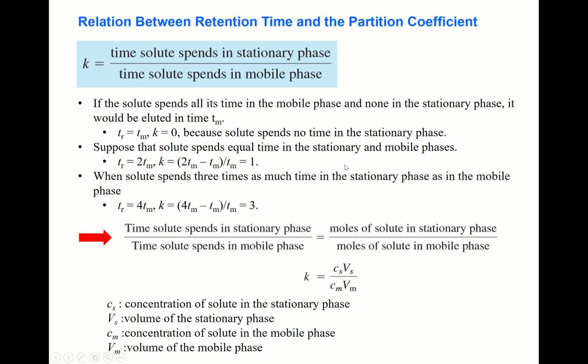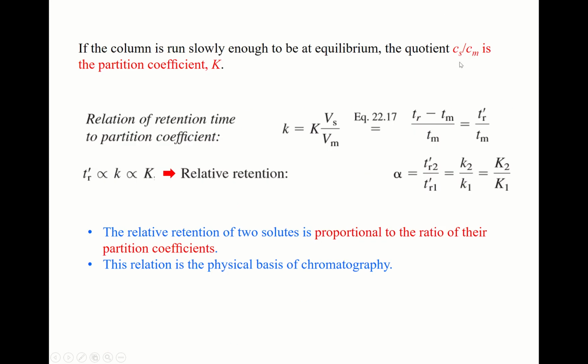This ratio is constant, and it is the same as the partition coefficient. You have to think of it that the solute is partitioned between the stationary and mobile phase, and under the equilibrium condition this ratio is the same as the partition coefficient K.